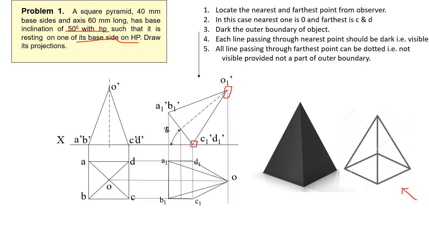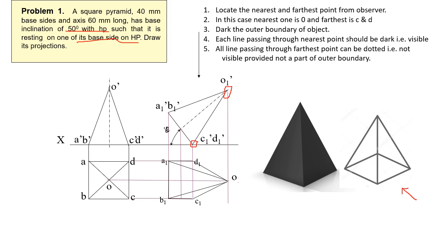Now go to the farthest point. Whichever lines start from the farthest points, that is C and D, should be not visible, provided that they are not part of the outer boundary. Now, how many lines start from C and D? You can see OC and OD. Now, OC and OD are outer boundary, so they cannot be dotted.